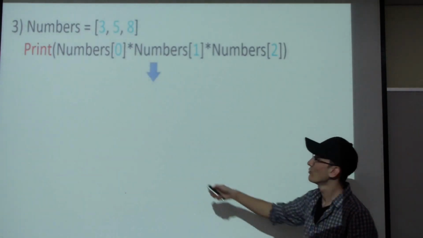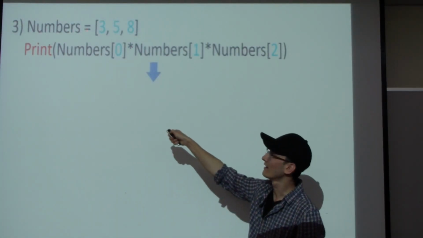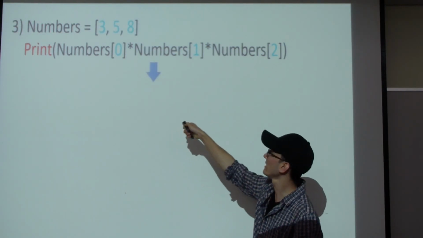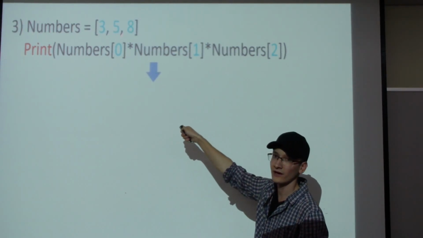Also, the third way, we created a list, and we put values 3, 5, 8.